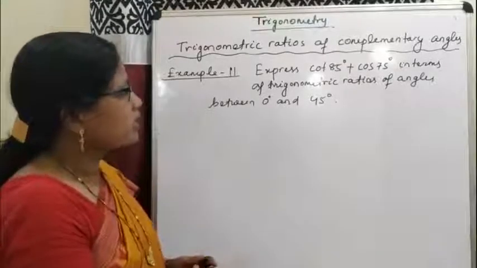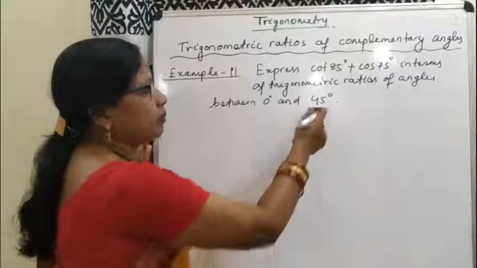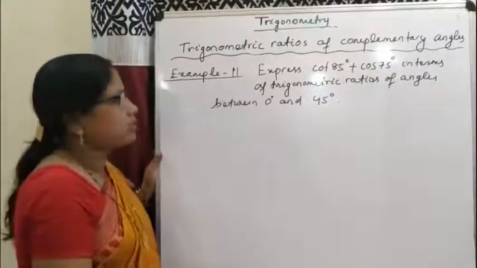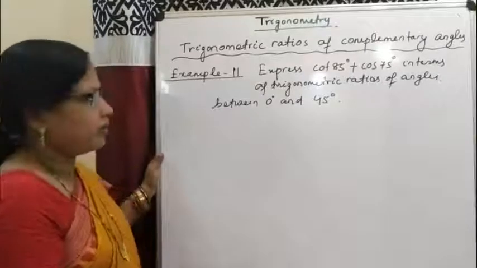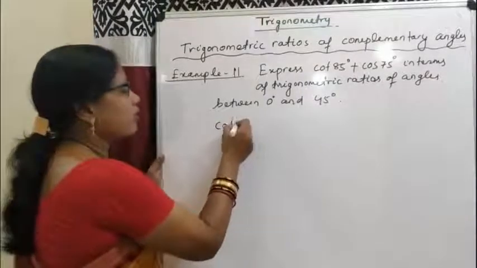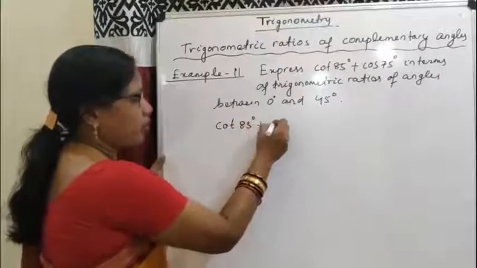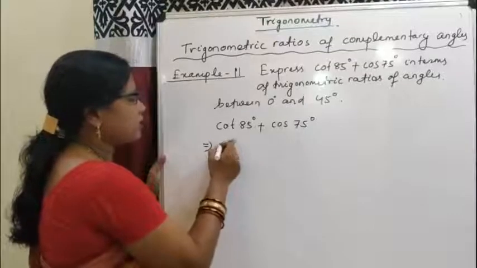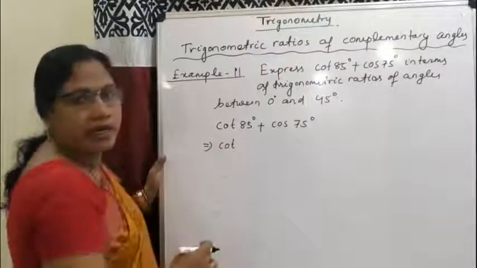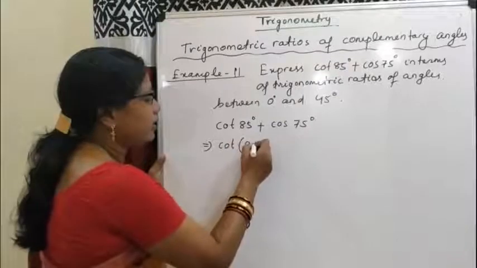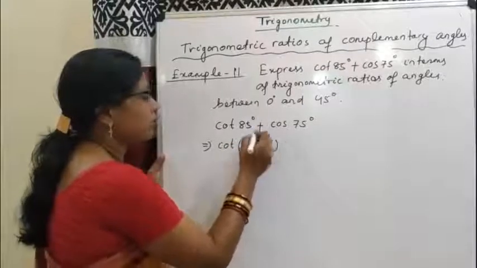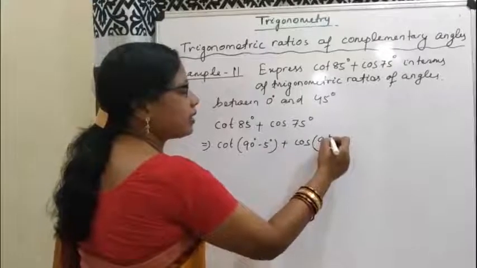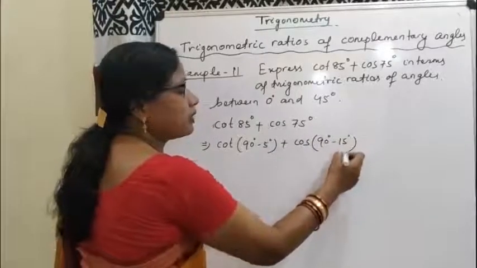Next example, express cot 85 degree plus cos 75 degree in terms of trigonometric ratios of angles between 0 degree and 45 degree. So it is given that cot 85 degree plus cos 75 degree. So we can write it as cot 85 degree can be written as cot 90 minus 5 degree plus cos 75 degree can be written as cos 90 minus 15 degree.